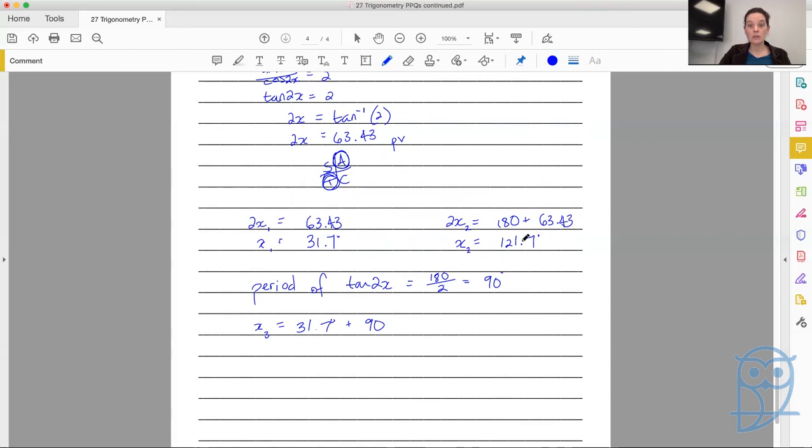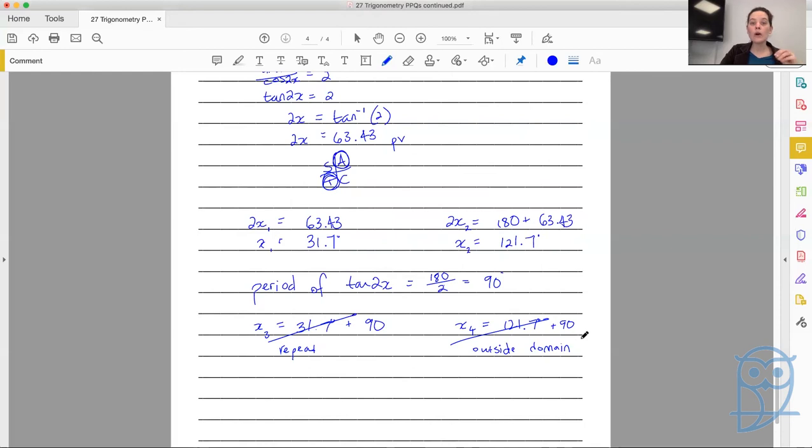Well, that's going to give us the 121. So this one is a repeat. And our x4 would be 121.7 degrees plus 90. Well, that one is going to be over 180. So this is going to be outside domain.